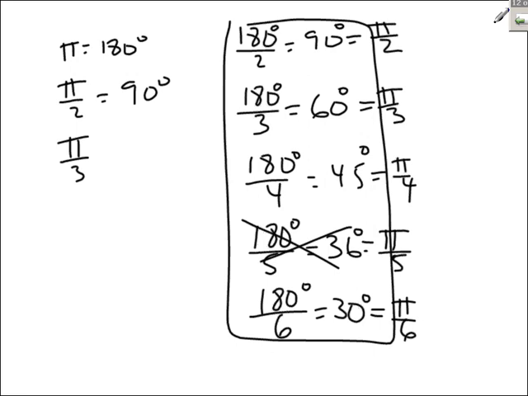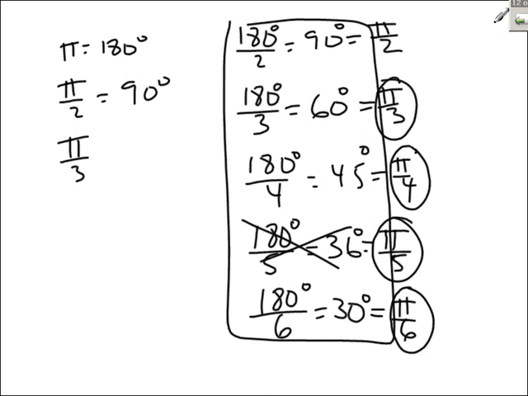When I see this and I want to think degrees, I think 180 over 6, 180 over 5, 180 degrees over 4, 180 degrees over 3. You should definitely know those four. You don't really have to know the pi over 5 one. It's not wrong, but we don't generally divide pi by 5. We divide it by 2, 3, 4, and 6. Know those, and if you know those, you're in good shape.